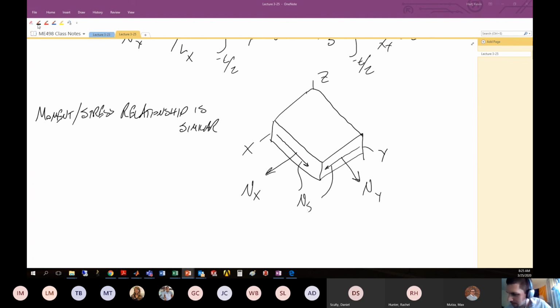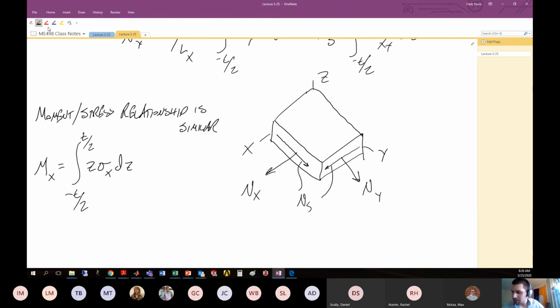You might have something like Mx, which is the moment in x, is the integral from negative t/2 to t/2. Now we have to include the variable z because our moment varies with the thickness, z times the stress distribution sigma x dz. This here is the normalized moment per unit length in x.